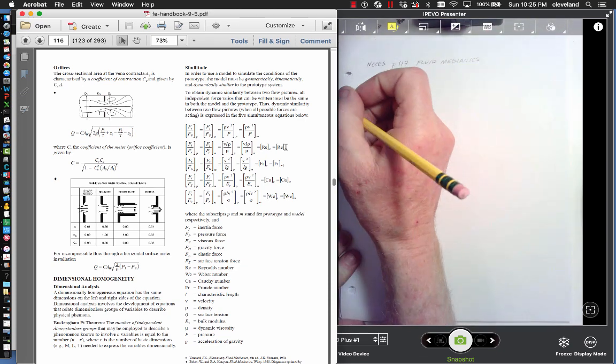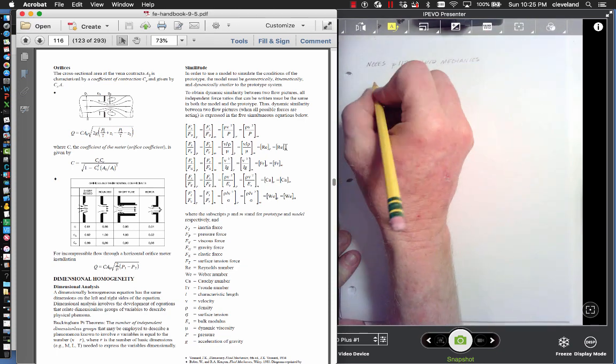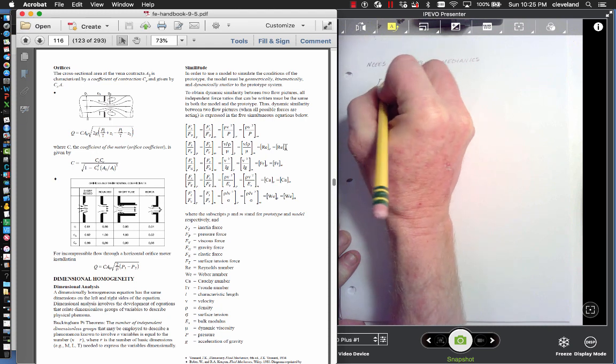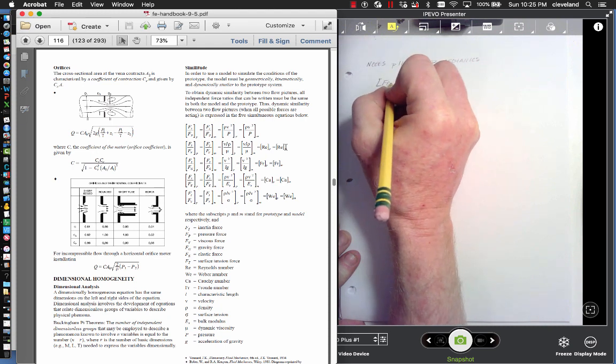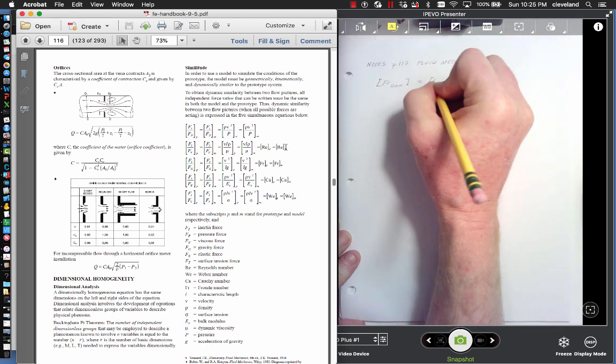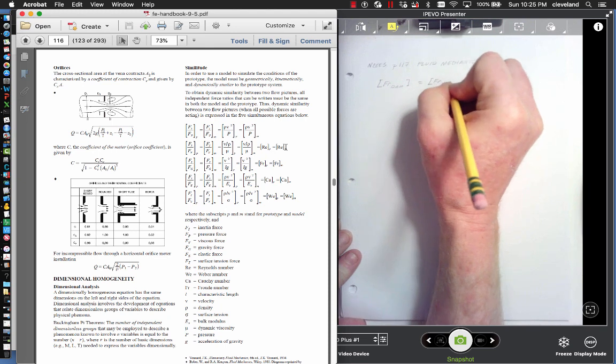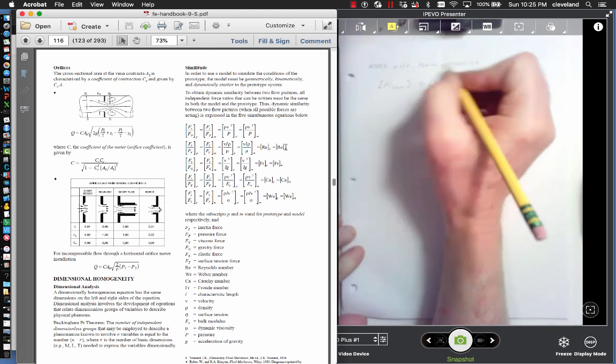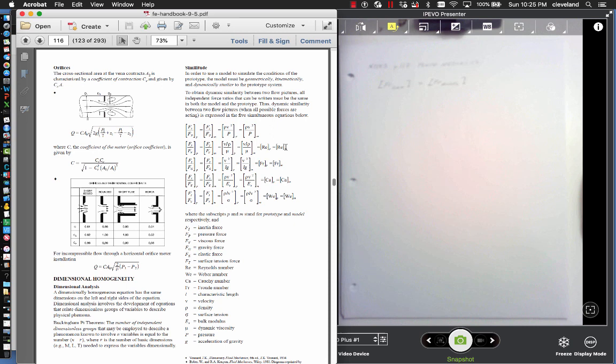And we simply have that the Froude number of the prototype, which will be the dam, is equal to the Froude number in the model. Notice the square brackets are implying that the dimensionless pi groups have that. And so now we have to go look up what a Froude number is.